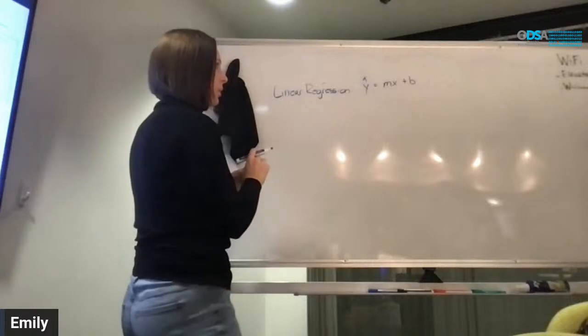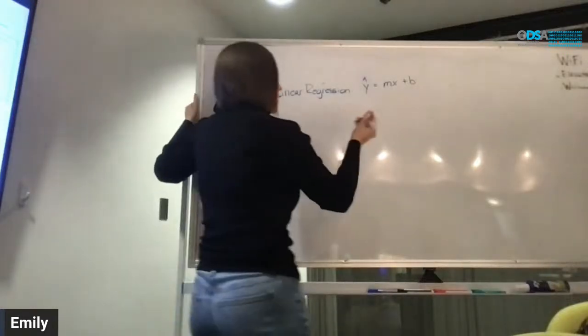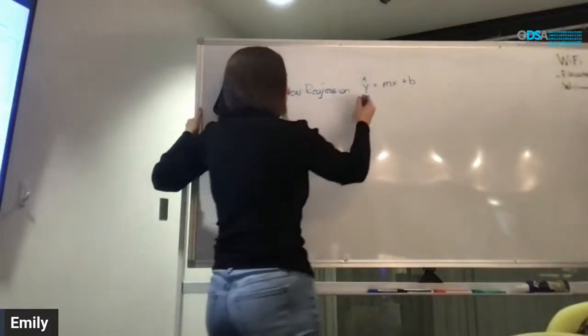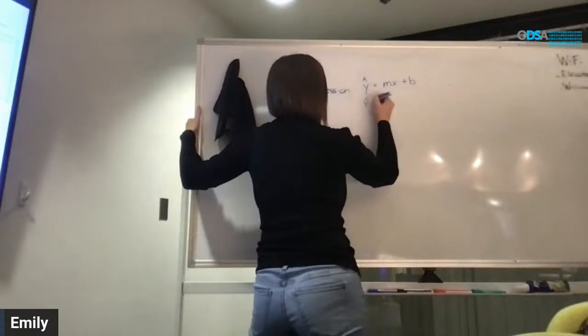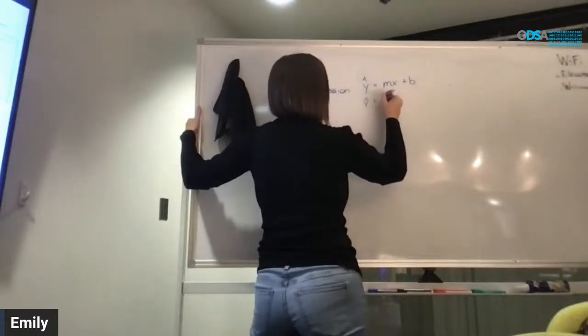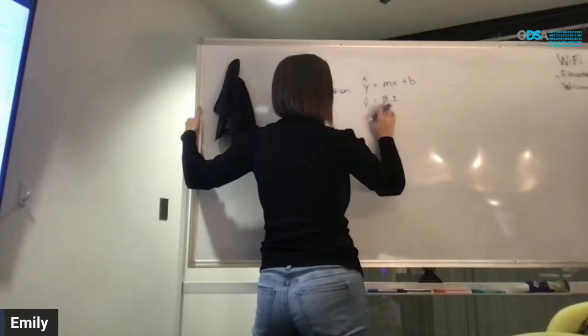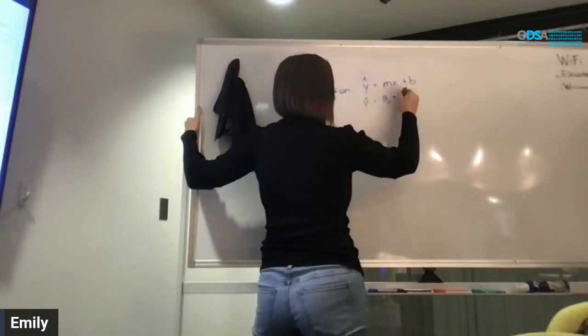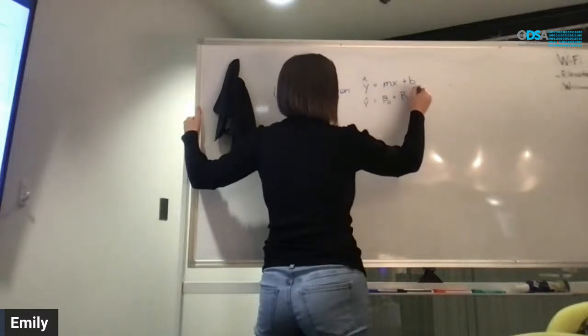So that was kind of where we started. And then we said, well, we can write it a different way. We can write it y hat equals beta sub naught plus beta sub 1 x, right?